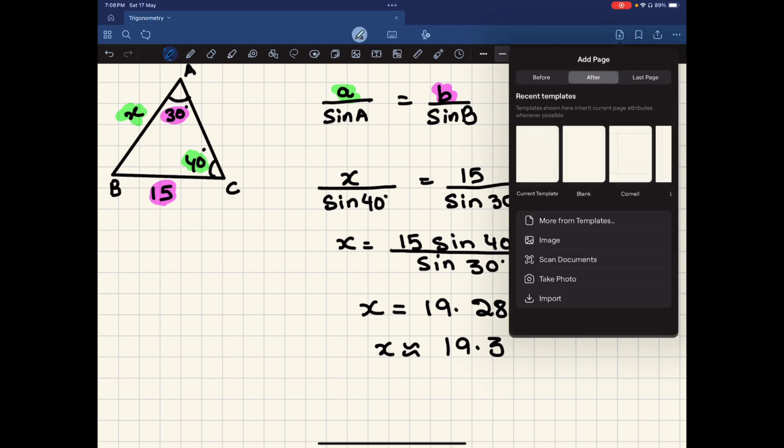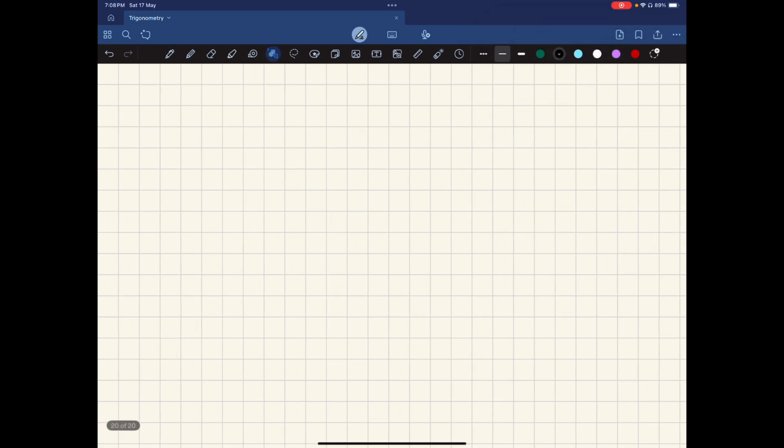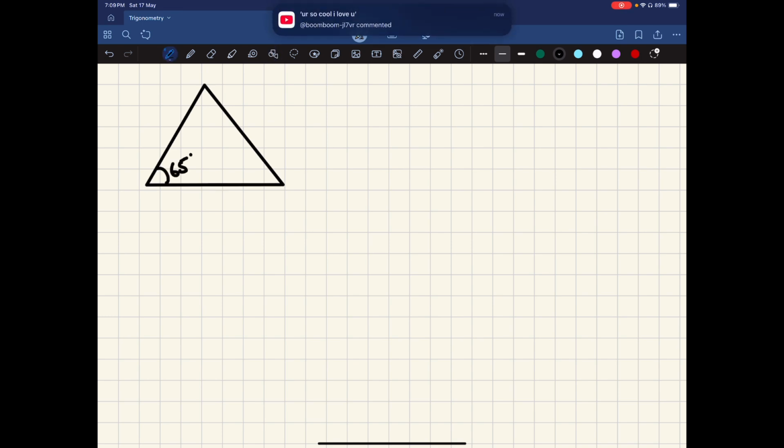Let's quickly do another question. Okay, so this is 65 degrees, this is 50 degrees, this is X, and this is 9 centimeters, and you need to find X, okay? Again, the first thing to see is whether it is a non-right angle triangle.